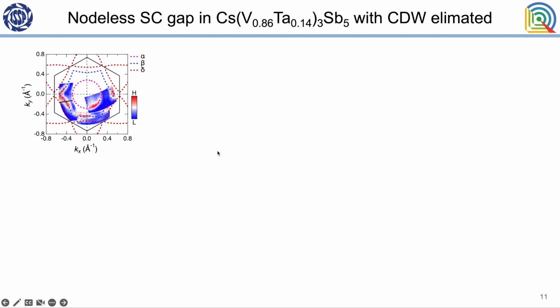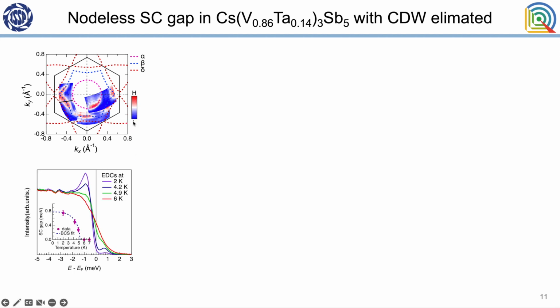We first show the superconducting gap in momentum space of the 15% tantalum doped sample. The three Fermi surface sheets can be distinguished well from these ARPES intensity maps, which ensures the precise determination of the Fermi momentum.